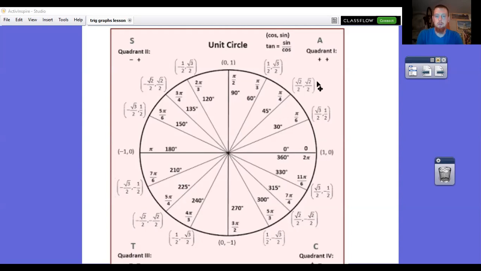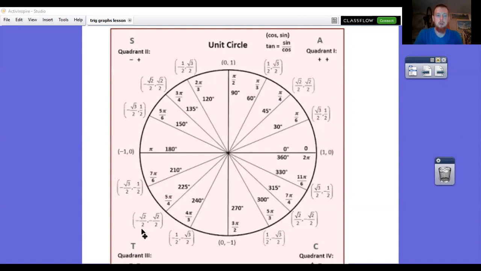So remember ASTC, this tells us where we have positive values for a certain quadrant. In quadrant 1, both of our values are positive, both cosine and sine. In quadrant 2, only sine is positive, so cosine is negative, sine is positive.